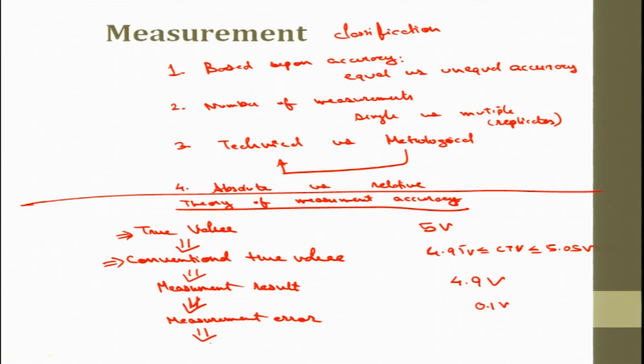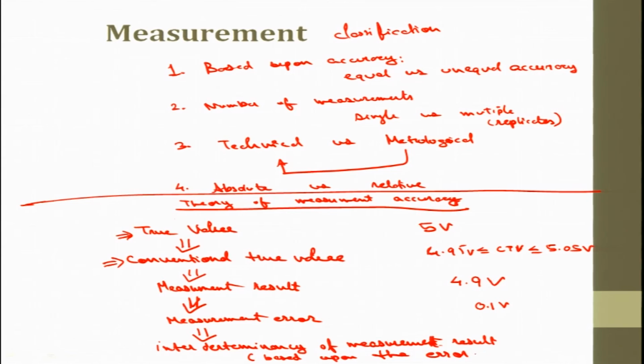So what we do here is use certain statistical tools or methods to find the indeterminacy of the measurement result. This is based upon the error.